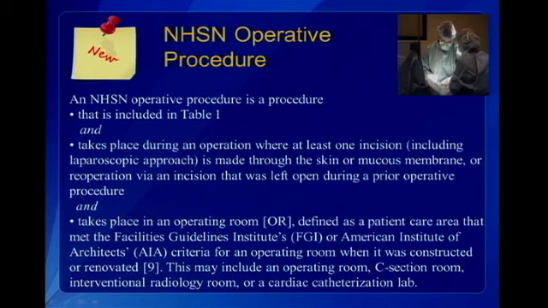It means you may have a patient who goes to the OR and they leave the incision open and then they return 2 days later to close it. Well, that still is a procedure. But they're cutting through the fascia or something to start that procedure. So you still want to include them. And then it takes place, this is the same as it has been for the last couple of years, in an operating room, which is defined as a patient care area that meets the FGI or the AIA criteria. And that did not change from last year.